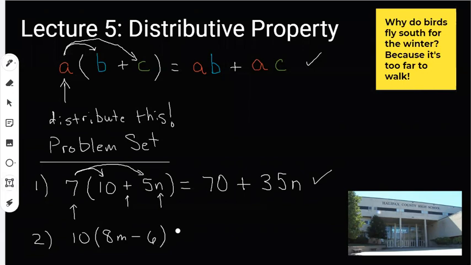M is just going to be the variable. So what I'm going to do is I'm going to take this 10 right here and I'm going to multiply it by the 8m first. When I do that, I get 80m. And then I'm going to multiply the 10 by this 6 over here. And I'm going to get 60.